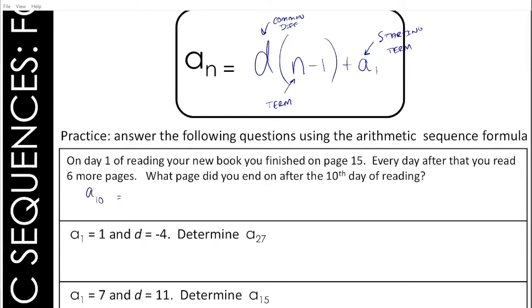Our common difference is 6 pages per day. n is 10 minus 1. And then our first number where we started would be plus 15. So we get 6 times 9 plus 15. 6 times 9 is 54. And 54 plus 15 means you stopped on the 69th page after 10 days. Really savoring that book.